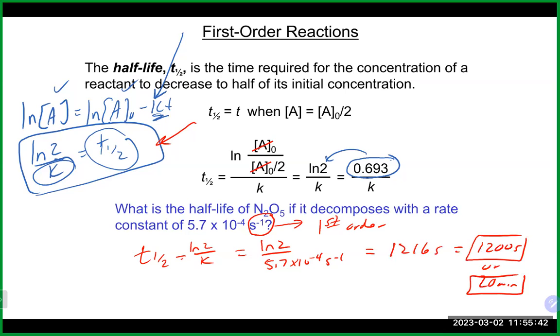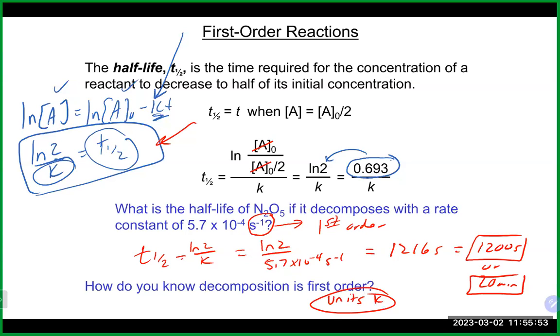So this particular reaction will take about 20 minutes for half of whatever it started with to decompose. And in this case, it is the units of K that allow us to know the order. Any questions on that there?